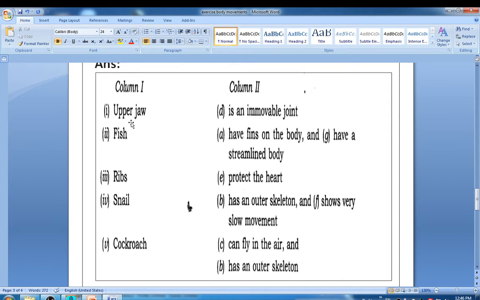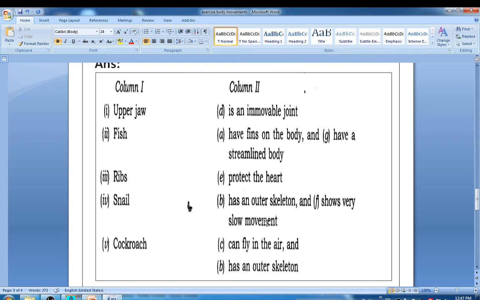So the upper jaw is an immovable joint which cannot move, so D. Then, fish have fins on the body and have a streamlined body, so the answers for the second are A and G. Then the third one, ribs protect the heart.